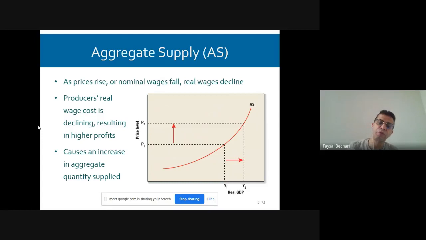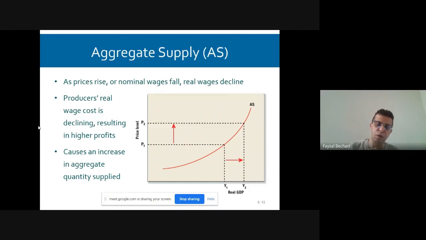So the producers will be making more profit, because the prices go up or the real wage is going down.